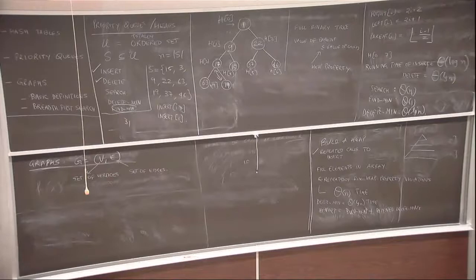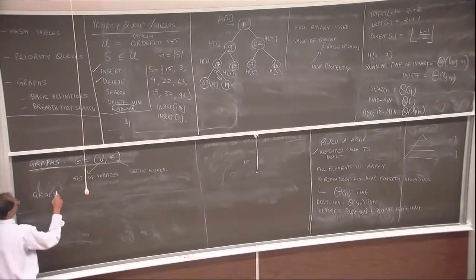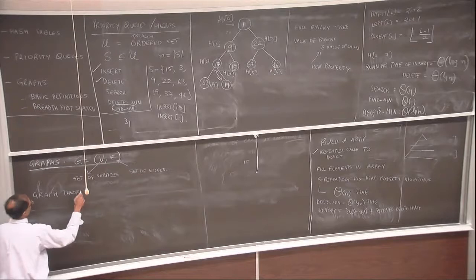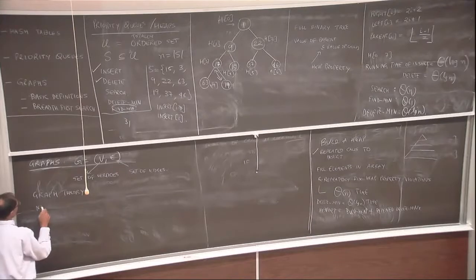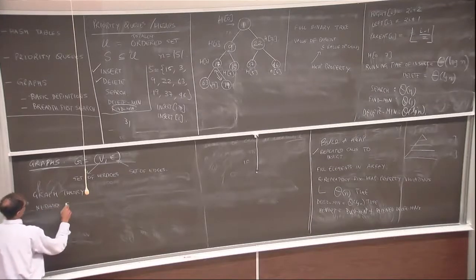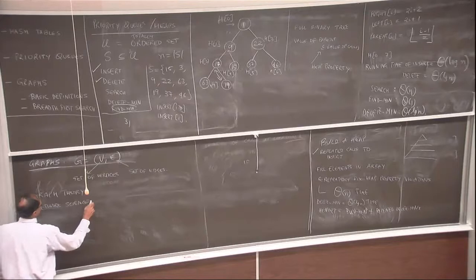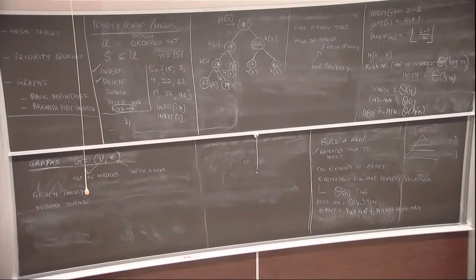They arise in many different scenarios. There is a whole field of graph theory which has been around for multiple centuries in the study of these graphs. There is a relatively modern area of network science, which is the study of graphs that arise in many applications.